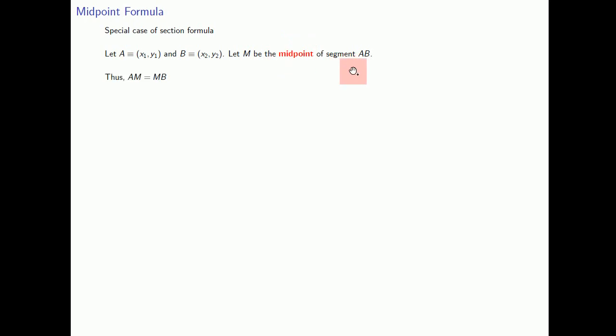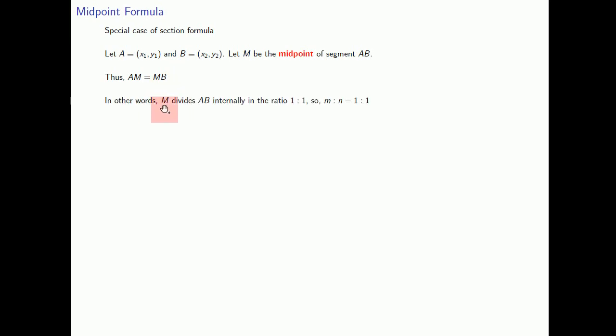Now a variant of the section formula for internal division is the midpoint formula. So let AB be the segment whose endpoints are x1, y1 and x2, y2, and let M be the midpoint of segment AB. So this means length of segment AM equals length of segment MB.